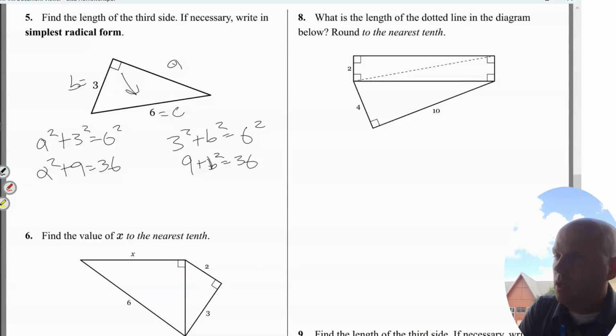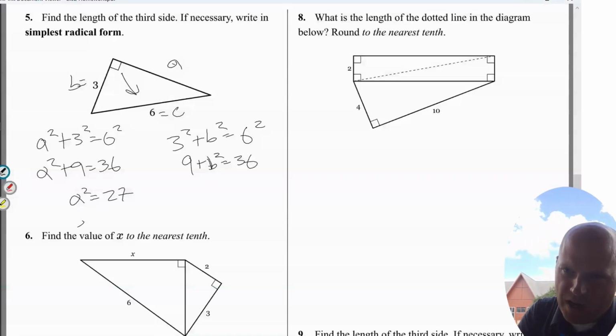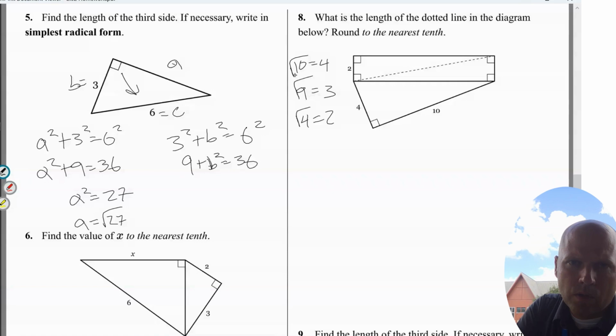So choose your own adventure. It's 27. 27 plus 9 is 36. Now we can simplify the square root of 27 because I know one of my perfect squares, the square root of 9, is 3. 9 goes into 27.